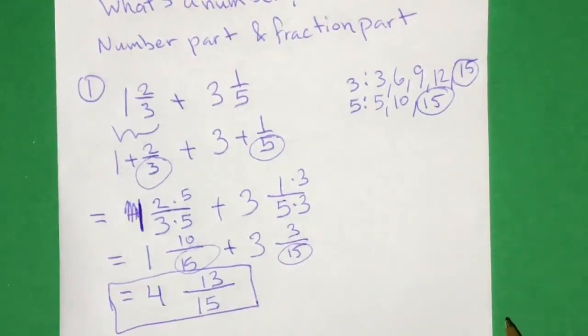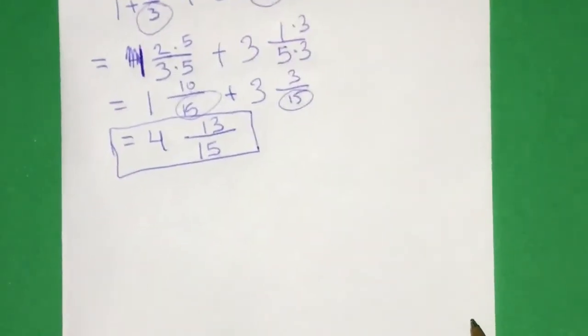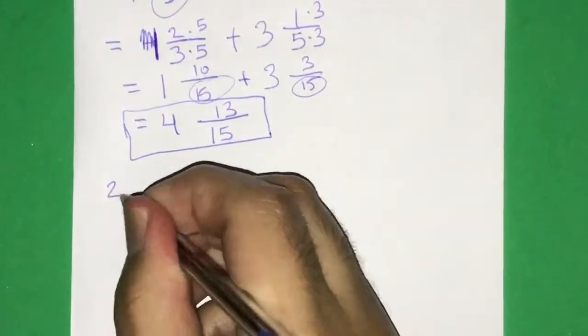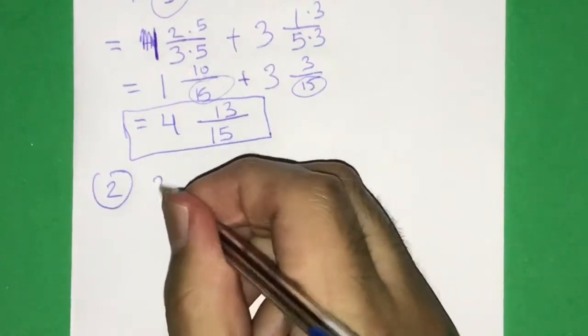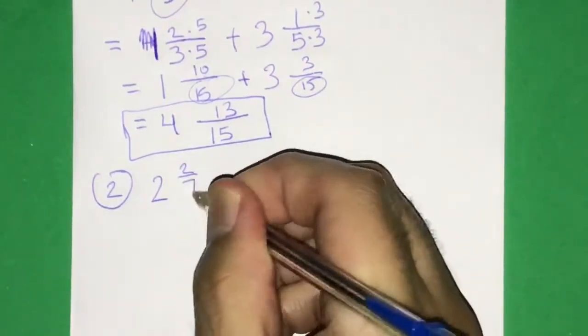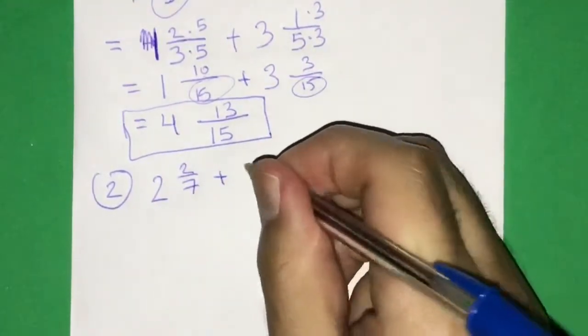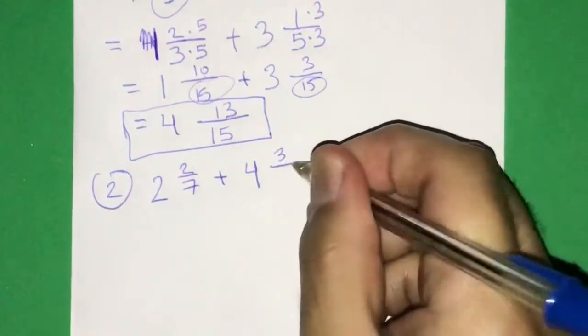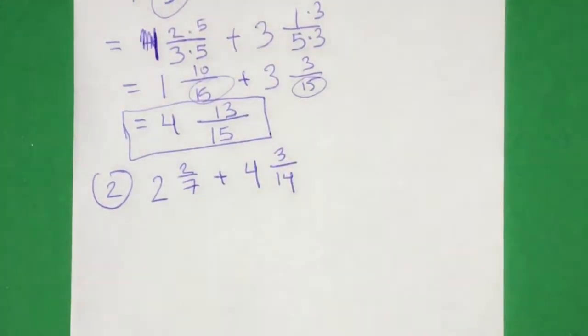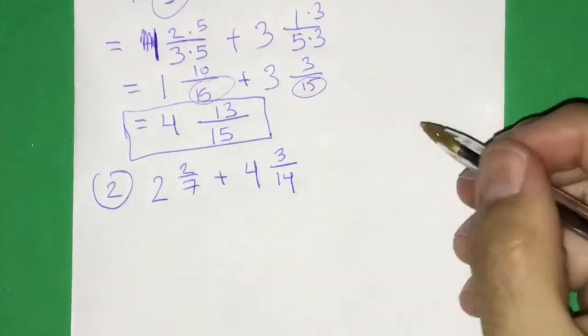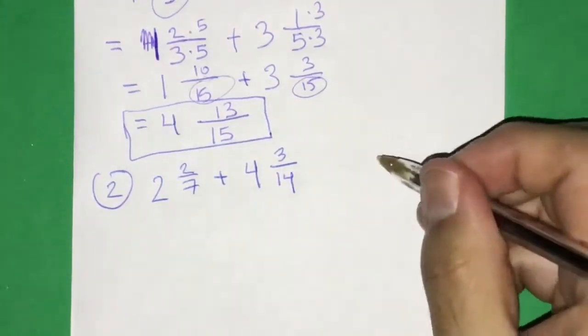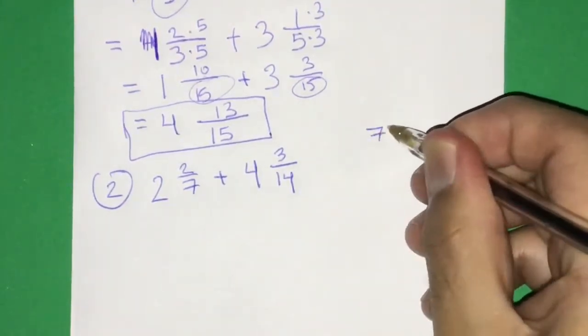Okay, let's take a look at another quick example. Let's say we are adding 2 2/7 plus 4 and 3 over 14. We're going to have to get a common denominator here, so we can list our multiples.